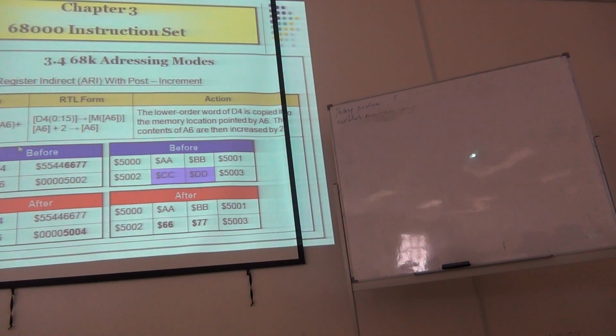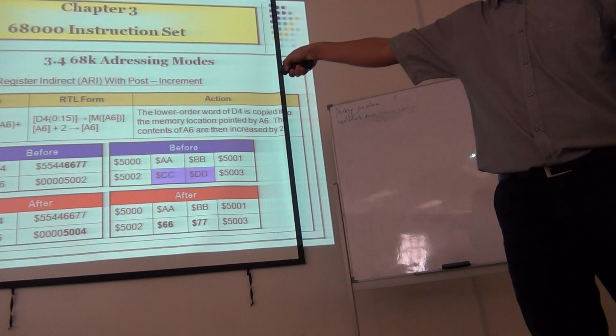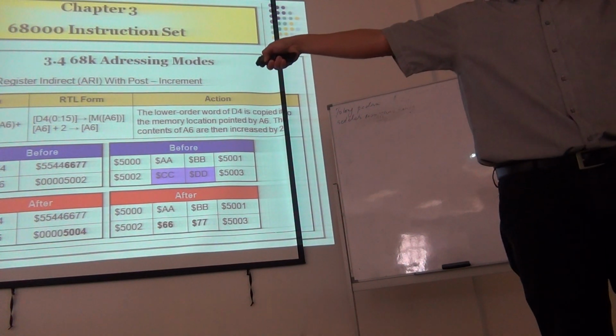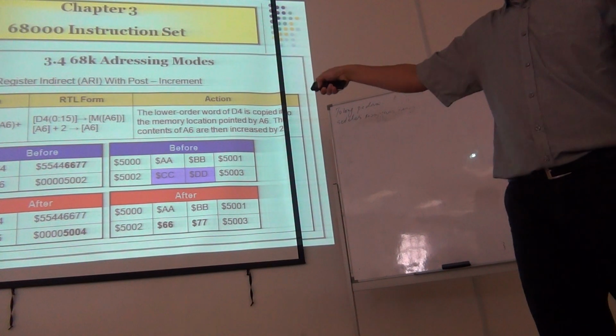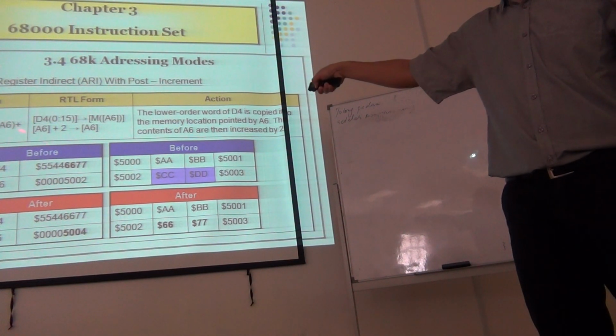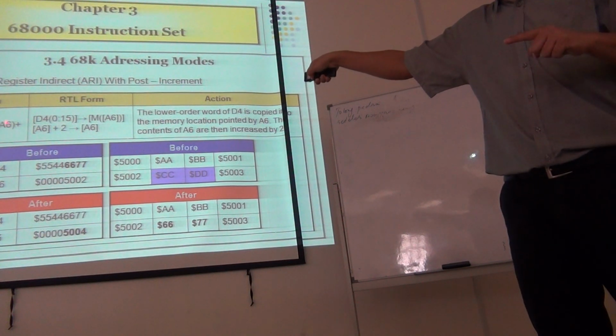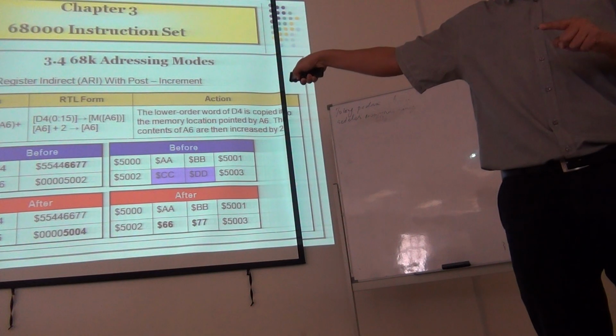Okay, next one. Another example, now terbalik: move.w D4 to (A6)+, post plus. Look at the command here, W is going to add 2, right? D4 is given this one, A6 is given this one. So W from D4 is the last 4 digits, correct? This one has to be sent to this memory location A6.